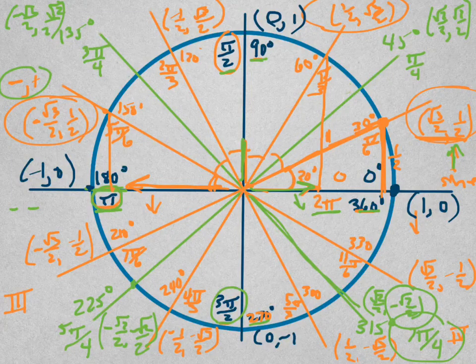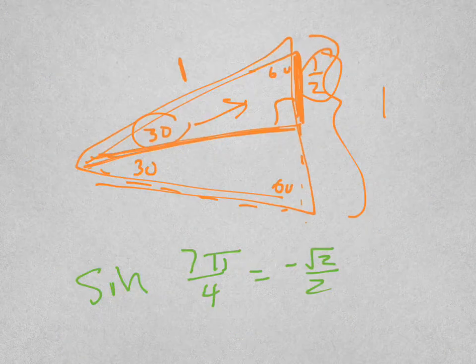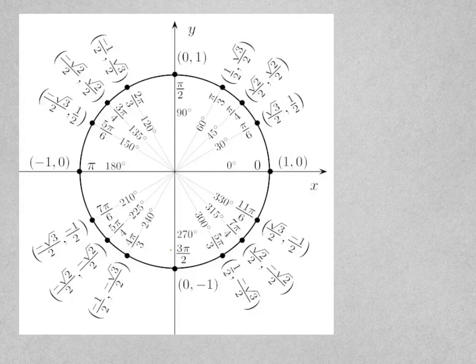Obviously this is a pretty messy unit circle here, but you can find some nice unit circles and see all those values in there as well. So here's a nice picture of a unit circle. This triangle right here is a 45, 45, 90 triangle. Remember, it's called a unit circle because the radius is 1 unit.